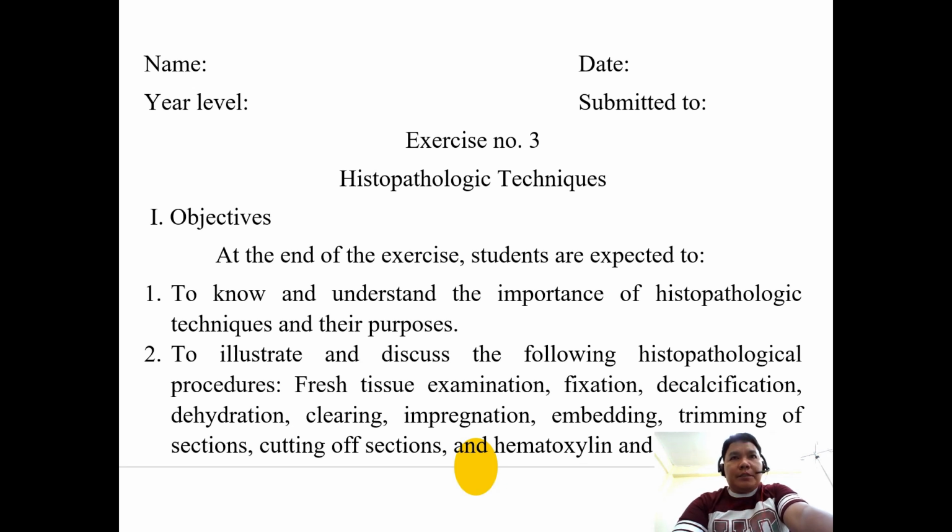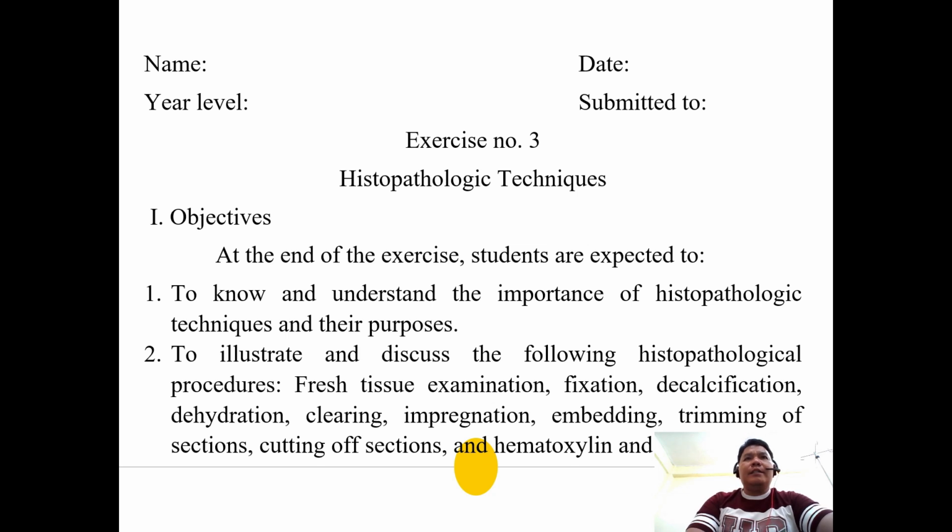In this exercise number 3, which is entitled histopathologic techniques, the objectives at the end of the exercise are that the students are expected to know and understand the importance of histopathologic techniques and their purposes.